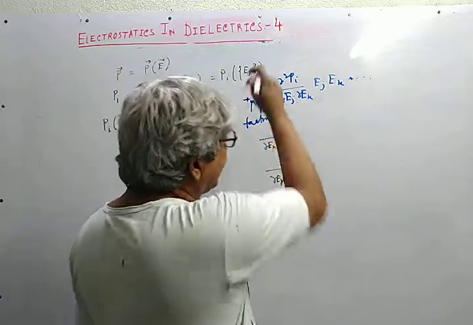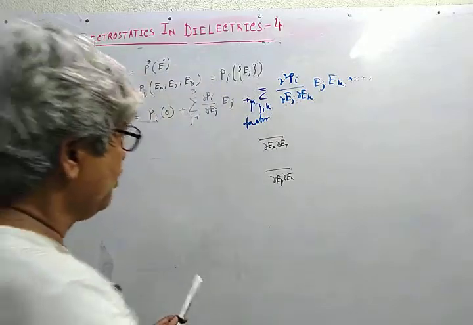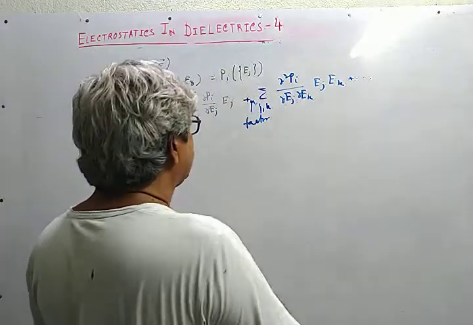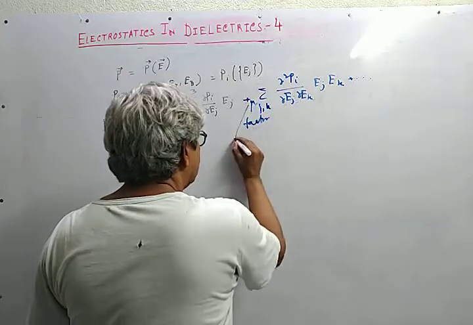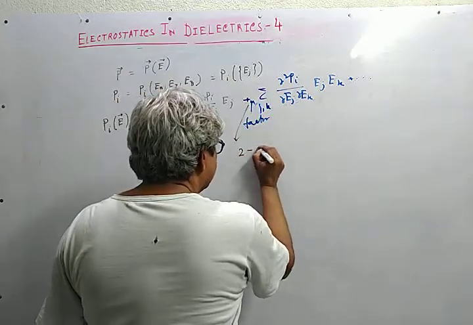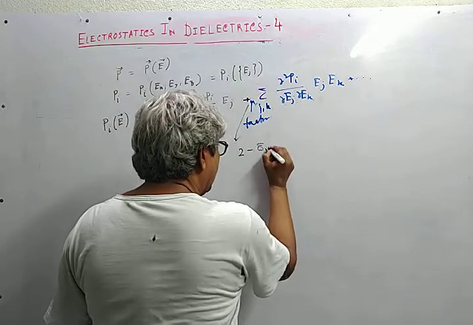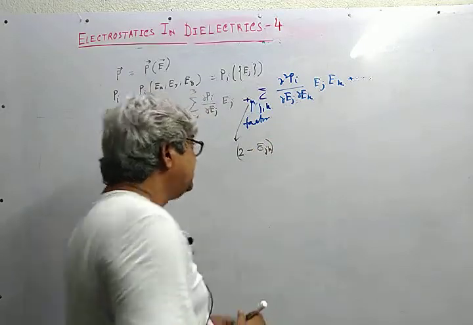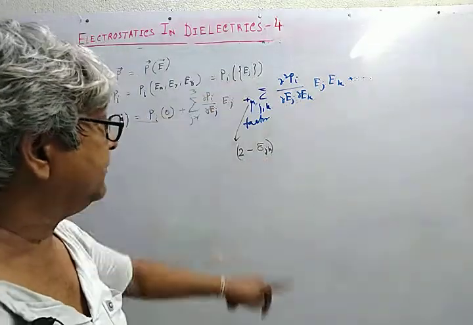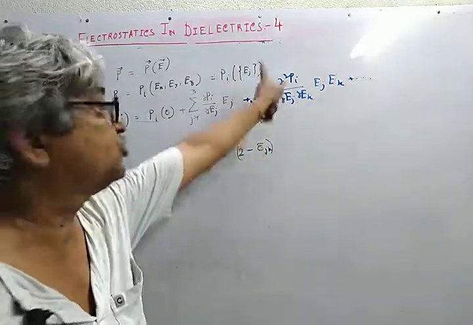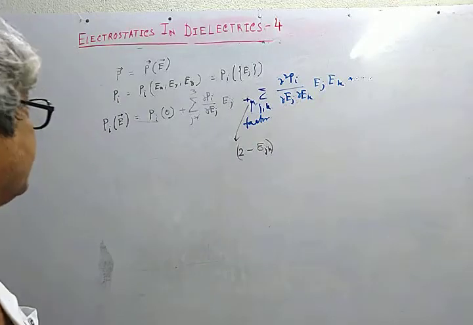So there will be a factor of 2, which we could easily take care of by writing the factor as 2 minus δ_jk. When j and k are the same, this is 2 minus 1, which is 1. When j and k are different, it is 2. So this is the factor.